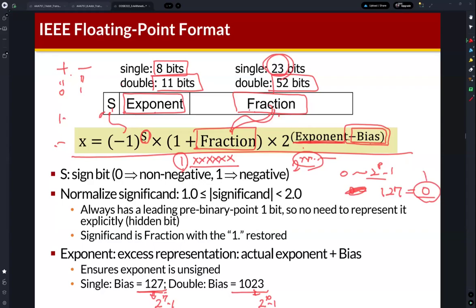Because the bias is 127. So this is the specification. So you can represent the floating point based on the specification, right?